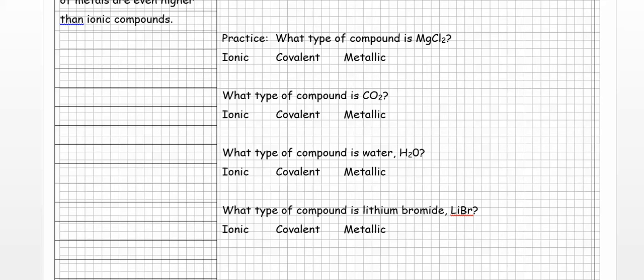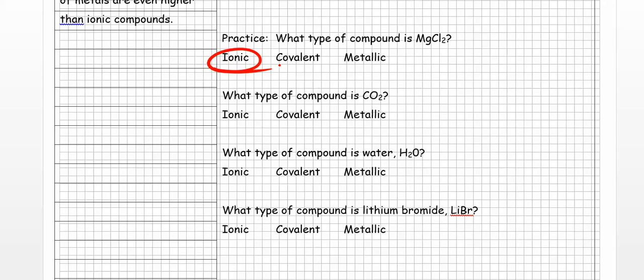It's on the left side of the periodic table, to the extreme left side of the zigzag line. Chlorine, on the other hand, is on the opposite end of the periodic table. So that means that magnesium is going to give up electrons to chlorine. This is going to be an ionic bond.